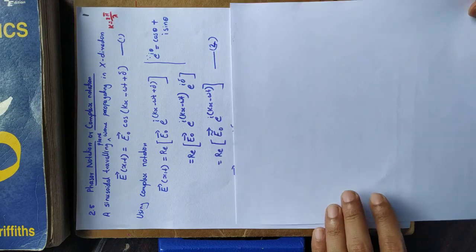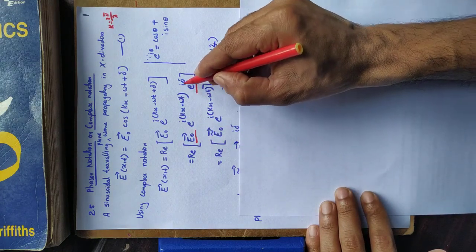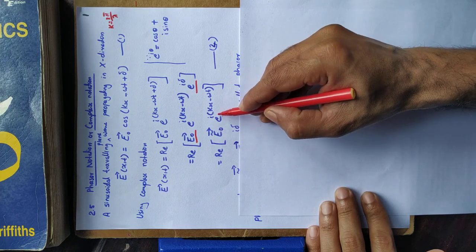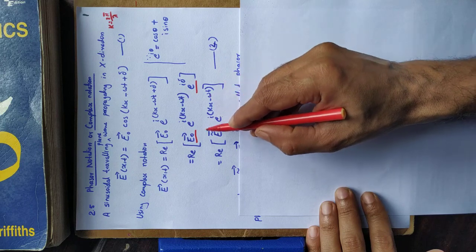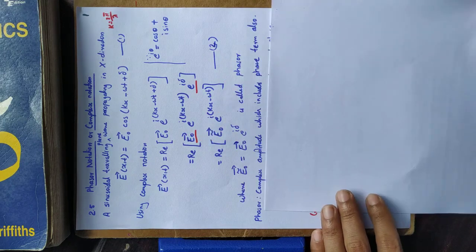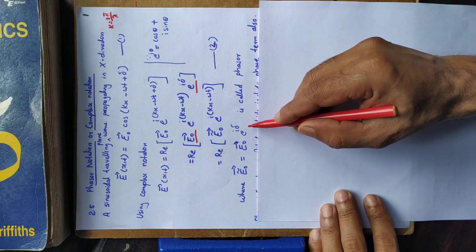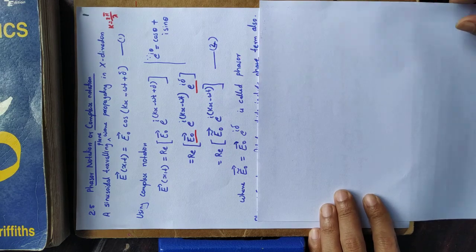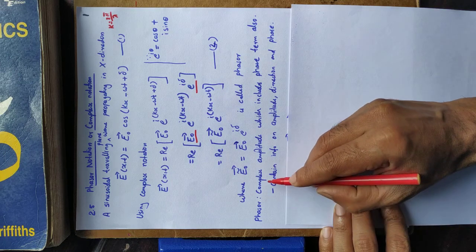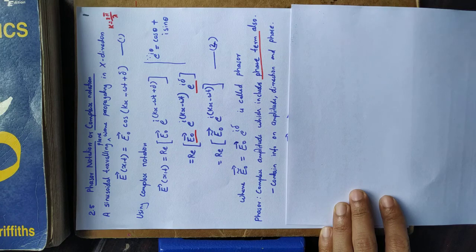Now I am calling vector E0 and e raised to i delta together as E0 tilde vector, multiplied by e raised to i(kx minus omega t), where E0 tilde is equal to vector E0 e raised to i delta, which is called a phasor. So let me define a phasor in a clearer way. A phasor is the complex amplitude which includes the phase term also.